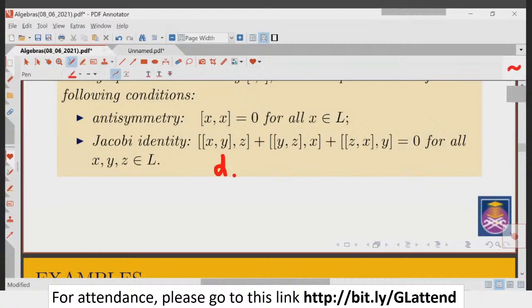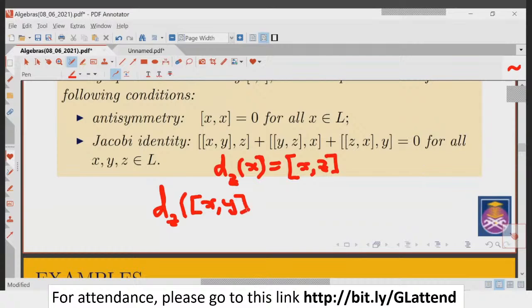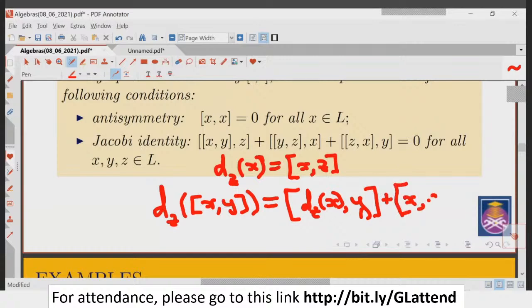If you take d_z x as xz, then this Jacobi identity means d_z(xy) is d_z(x) times y plus x times d_z(y).